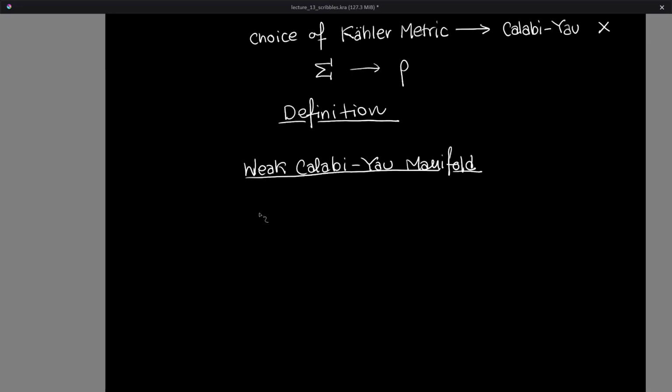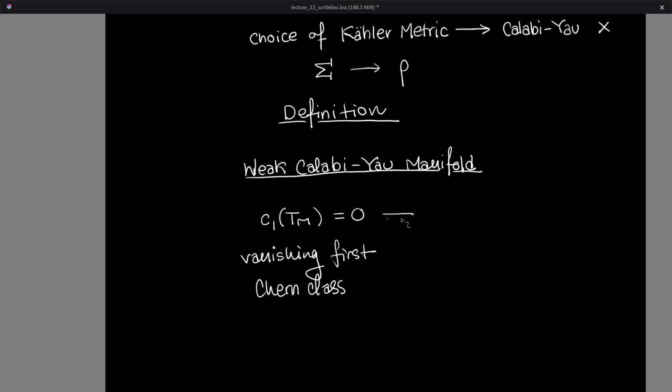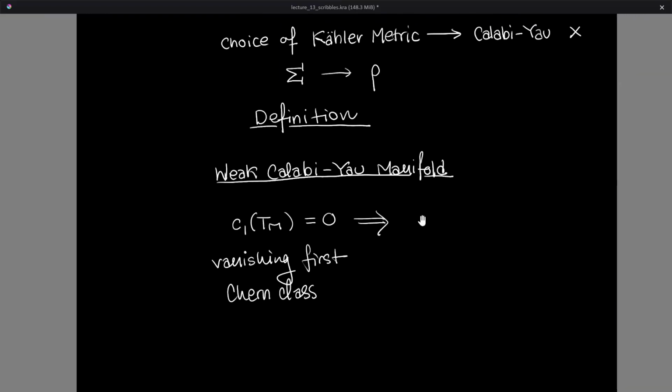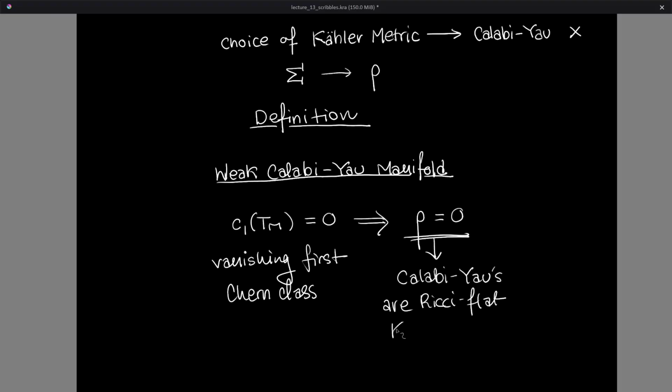It is one for which c1 of TM is equal to 0. It has vanishing first Chern class. Why? Because this implies, according to Yau's theorem, that rho is equal to 0. And this is where we get the notion that Calabi-Yaus are Ricci-flat Kähler manifolds.